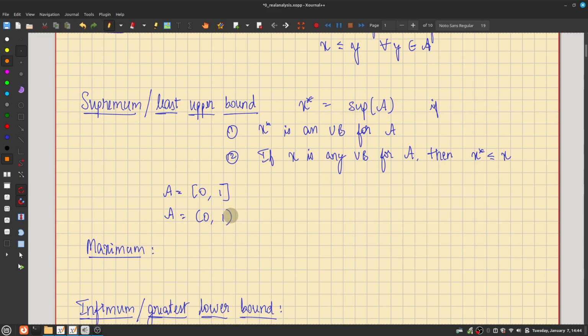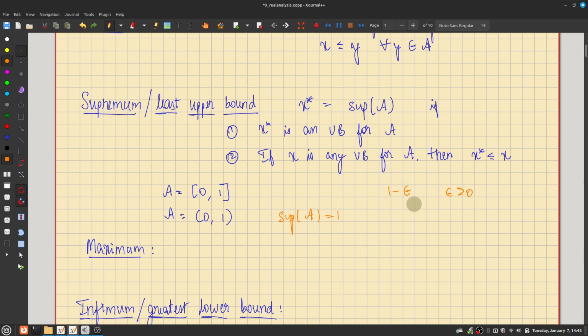Let's suppose that what we want to show is that 1 is the supremum. So I claim that sup of A is equal to 1. So let's take any other number which is less than 1, which means let's take 1 minus epsilon for some epsilon greater than 0.